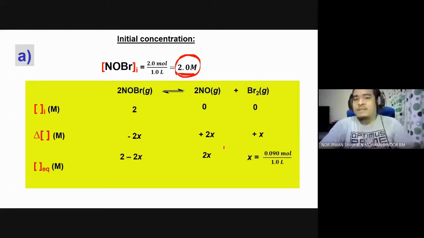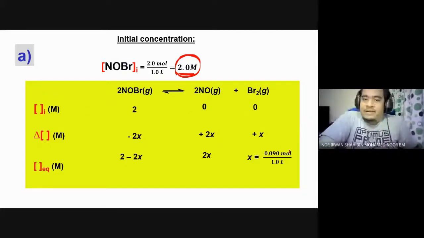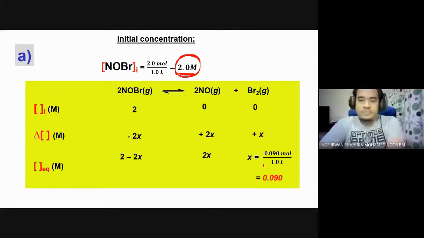But remember, in the question, we were already given the moles of bromine at equilibrium. And therefore, we can use the given mole to determine the value of x. Since the volume of the flask is 1 liter, 0.09 divided by 1 liter, we are going to get 0.09. So this is the x value.